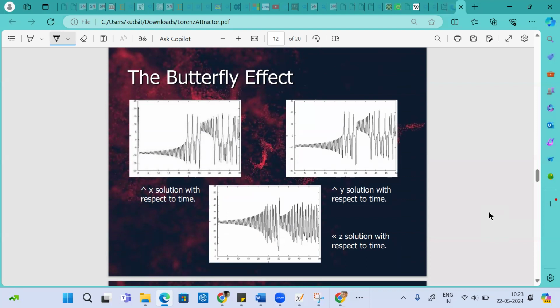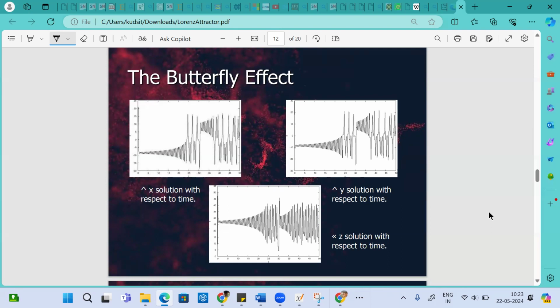One important thing we can notice here is that in all three graphs, for the initial period we can predict the graph, but after that the system goes very chaotic and unpredictable.